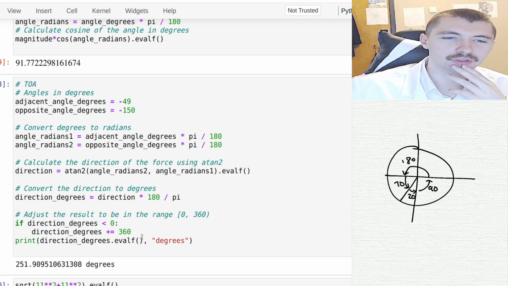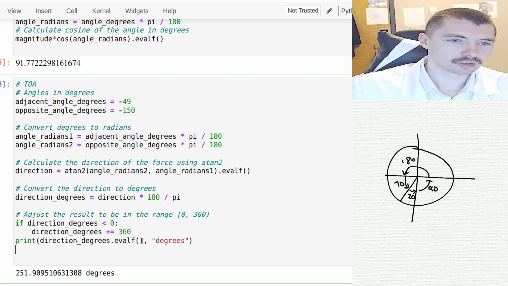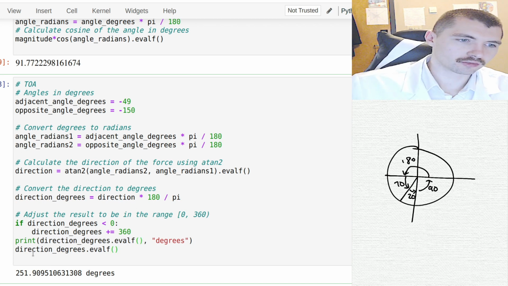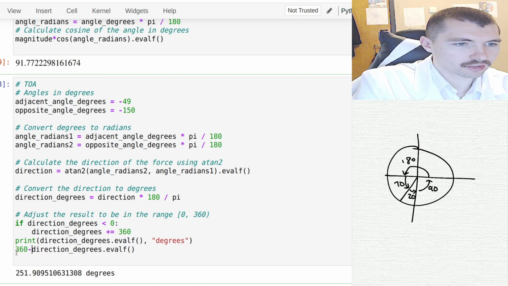Like we're right, but I do want to know if direction is less than 0. Okay. I guess we could do this minus 360 minus this.